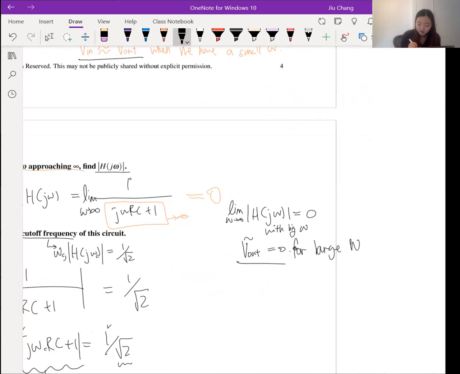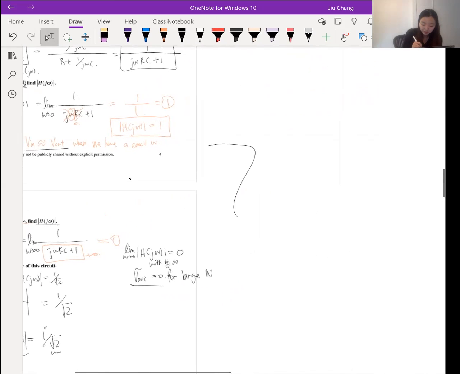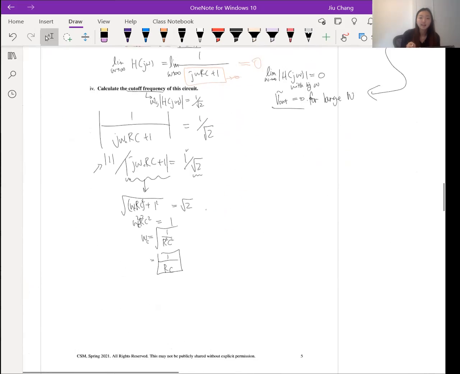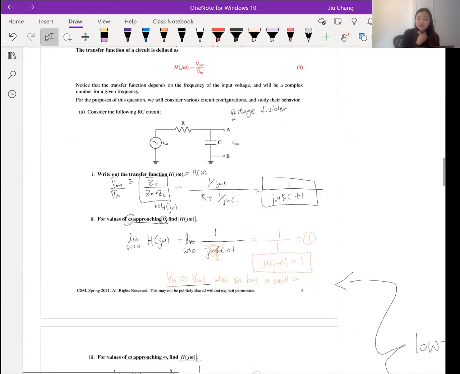This basically means that this circuit here is a low pass filter, which means that when we put in a large frequency, we don't have any output. When we put in a small frequency, the input voltage passes through. So that's all for part A.